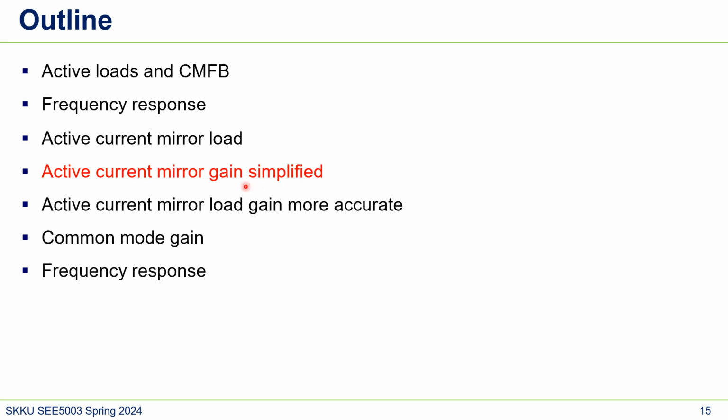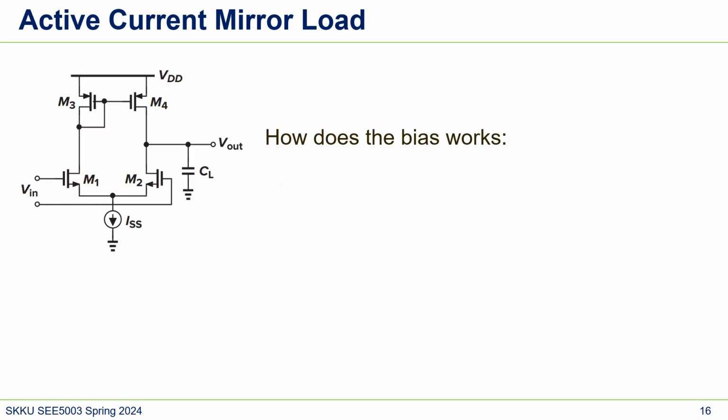Next, let's calculate the gain. First, a simplified version. How does the bias work? First, assume Vin,diff is 0, which means VGS1 is VGS2.